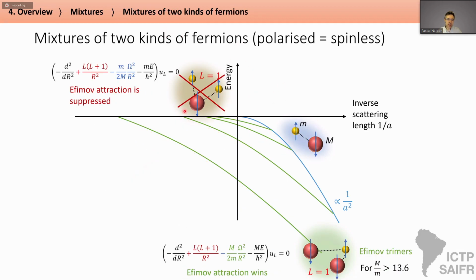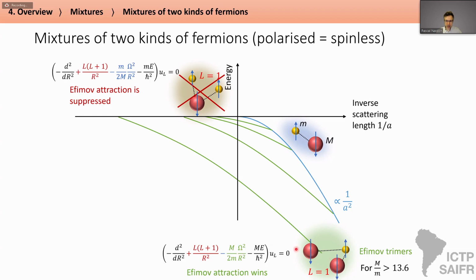Now let's look at the spectrum for when the particles are fermionic. So this situation is, of course, not possible because the Efimov attraction is very weak, and we have, in addition to that, the centrifugal repulsion between these identical fermions. So there's no Efimov effect and no bound state.